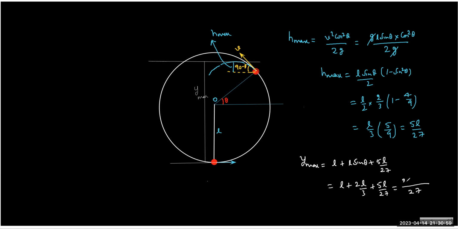How much is this? 50L by 27. And you can realize that this is slightly less than 2L, right? Do you realize it is slightly less than 2L? Yes, sir. Very good.